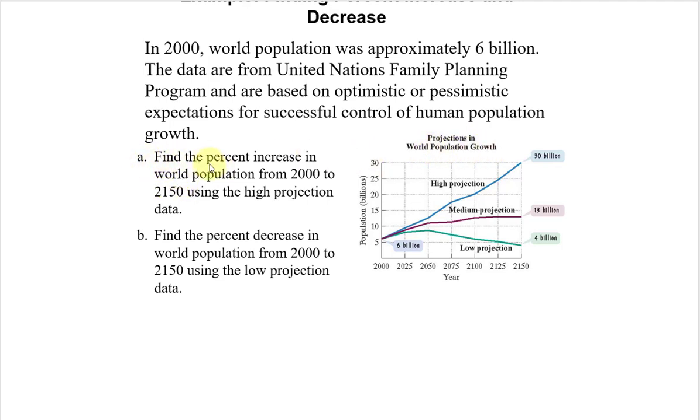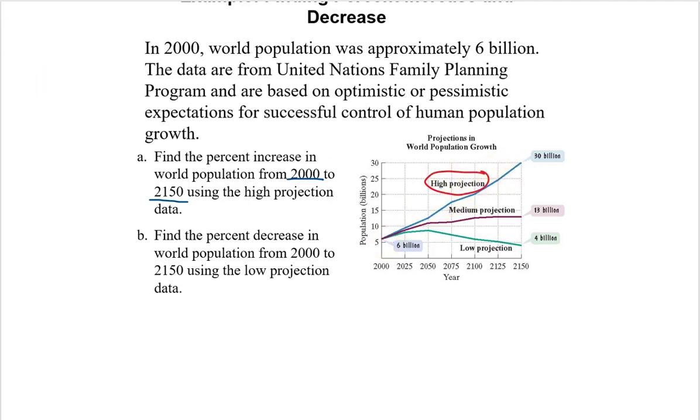Part A: find the percent increase in the world population from 2000 to 2150 using the high projection data. The high projection data is the top curve.